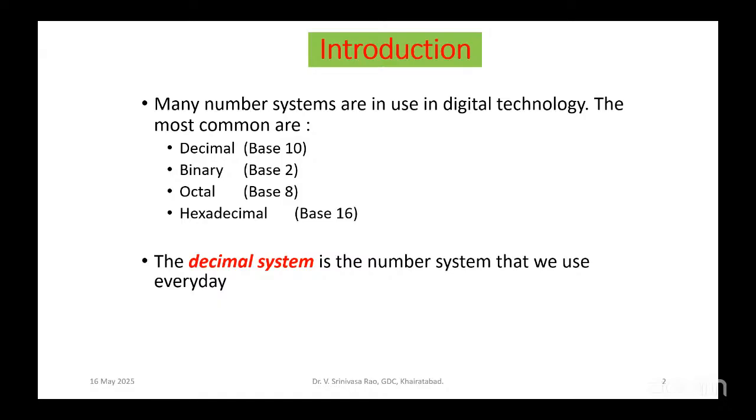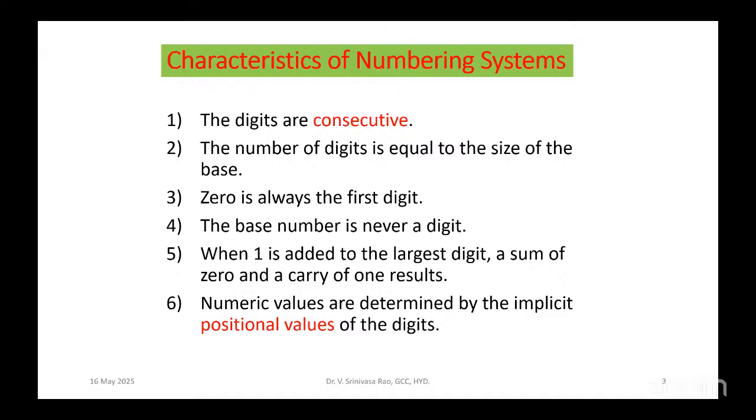The decimal system is the number system that we use every day in our daily life. What are the characteristics of a number system? The digits are consecutive.